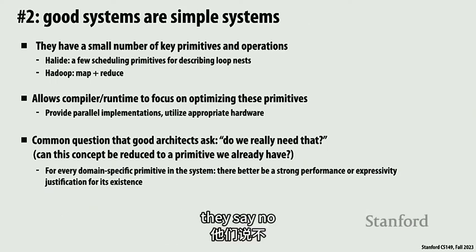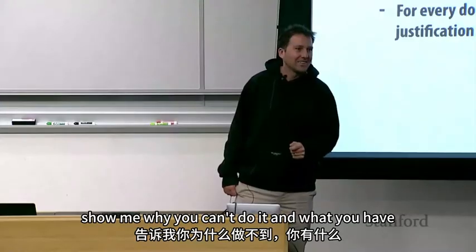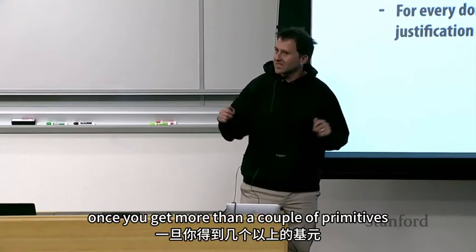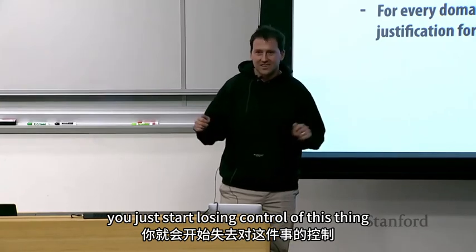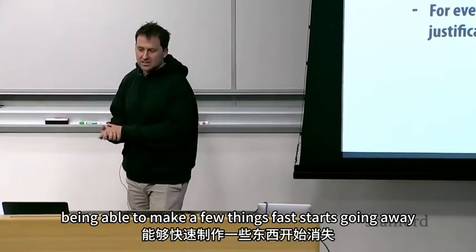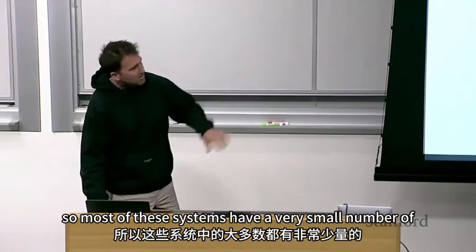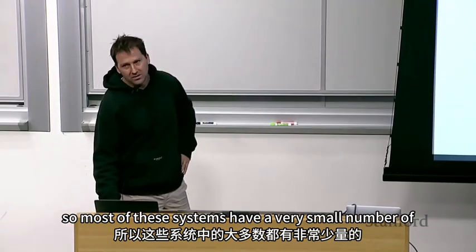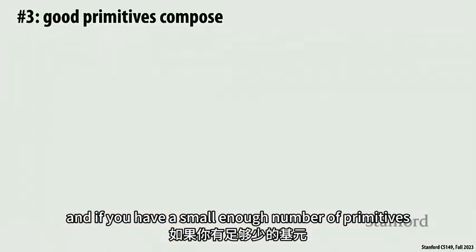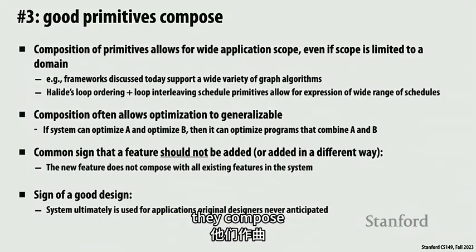They say, no, show me why you can't do it in what you have. Because they know that once you get more than a couple of primitives, you just start losing control of this thing. All the beauty of being able to make a few things fast starts going away. So most of these systems have a very small number of primitives. And if you have a small enough number of primitives, they compose.